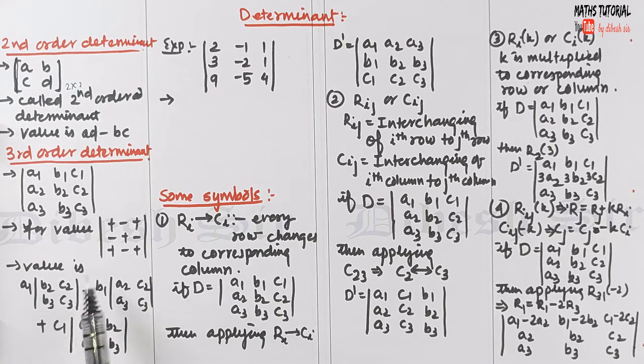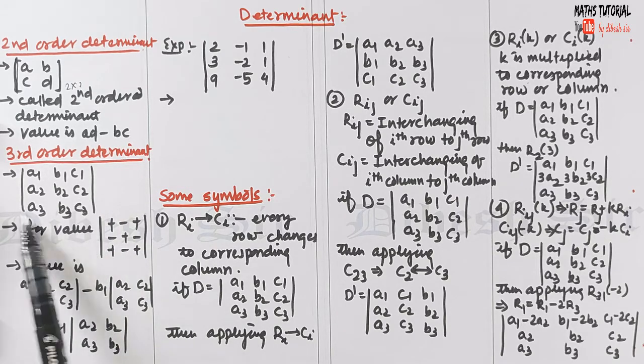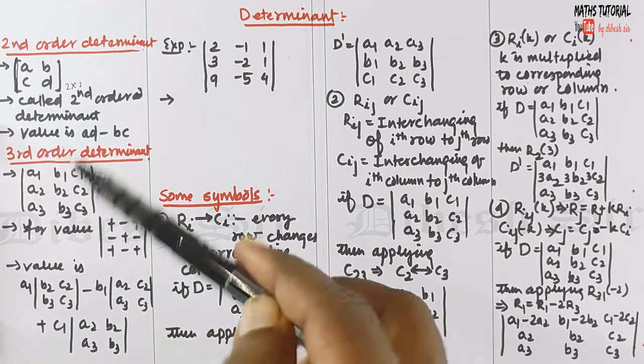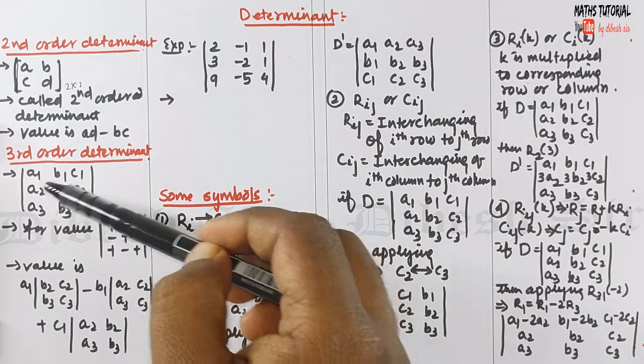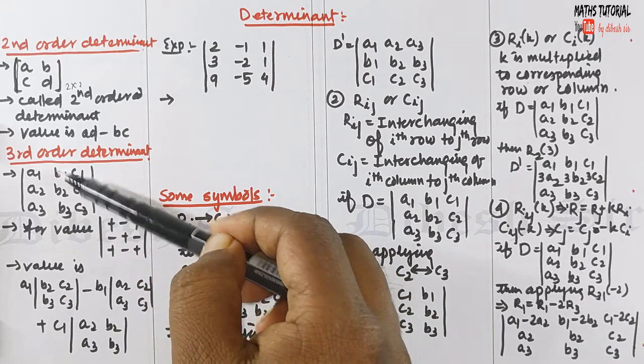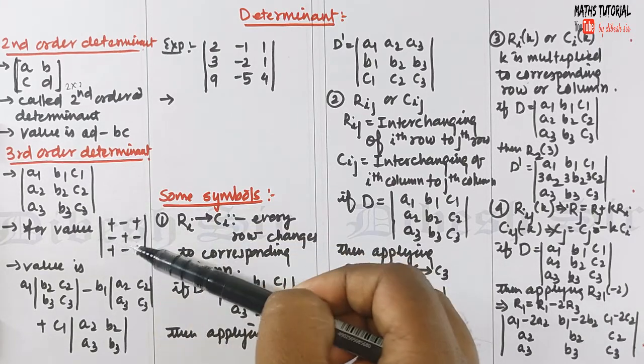You can find the value using first row or second row or third row using these sign methods, or also you can find the values using either first column or second column or third column using this sign.